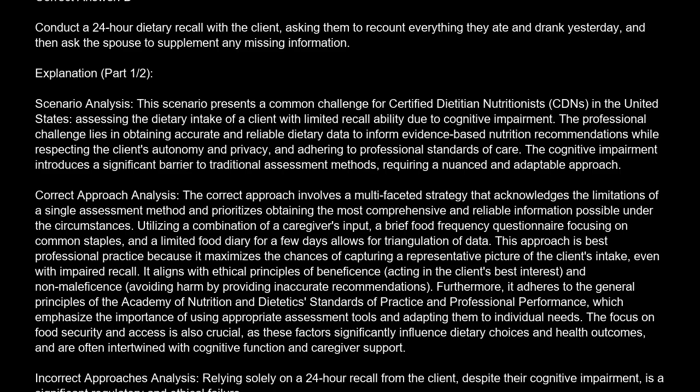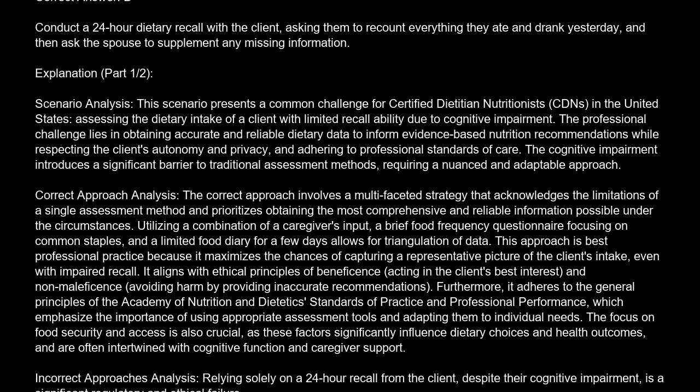The professional challenge lies in obtaining accurate and reliable dietary data to inform evidence-based nutrition recommendations while respecting the client's autonomy and privacy and adhering to professional standards of care. The cognitive impairment introduces a significant barrier to traditional assessment methods, requiring a nuanced and adaptable approach.